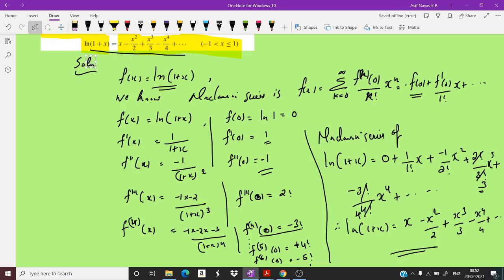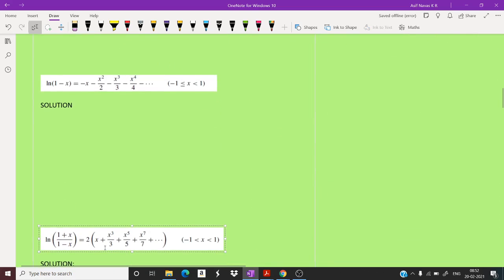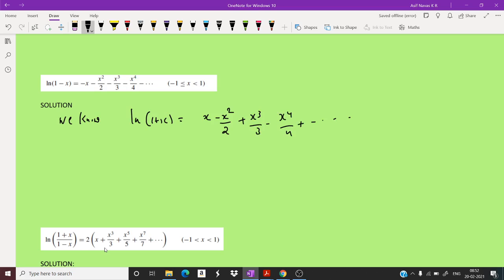Okay. So if I get log(1 + x), then I can find what will be log(1 - x). Can you guess that? So already we know log(1 + x) is equal to x minus x squared by 2 plus x cubed by 3 minus x raised to 4 by 4 plus etc. Then what will be the Maclaurin series of log(1 - x)? So minus x squared by 2 minus x cubed by 3.